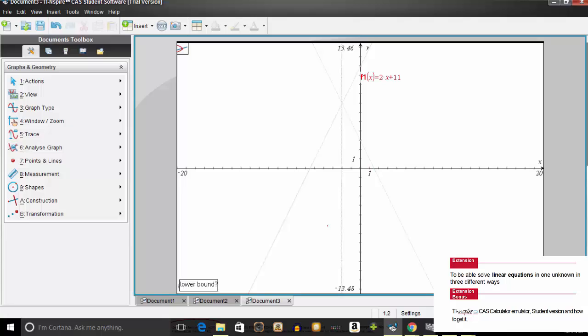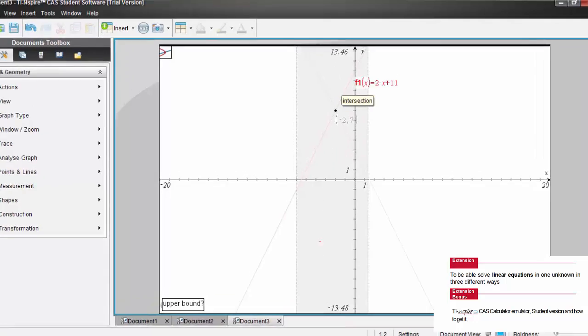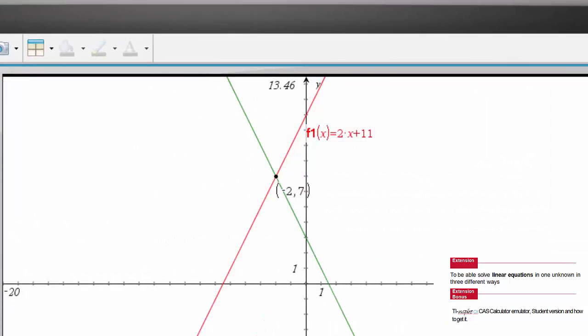Okay. Lower bound, it's asking me for the lower bound. I say, okay, for example, this is the lower bound, and this is the upper bound. Okay, and here you go. It shows it to you, minus 2 and 7.